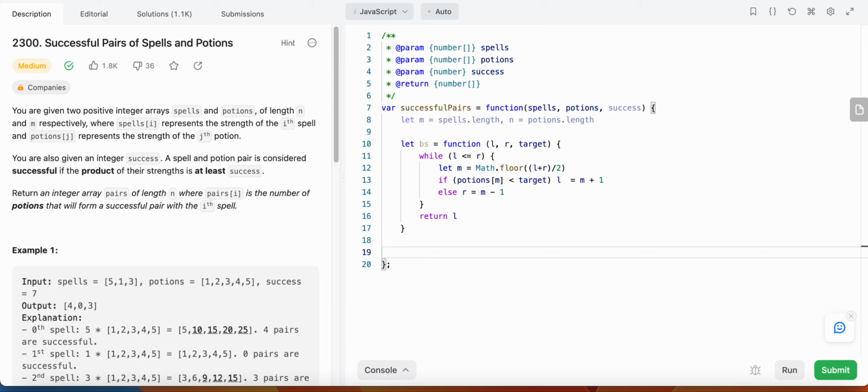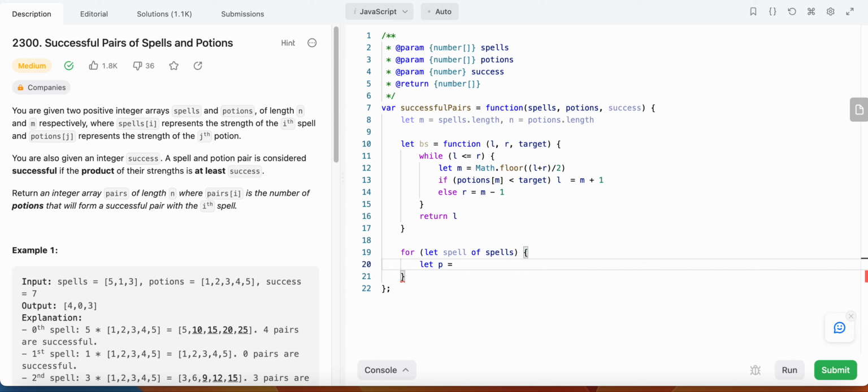Now that we have performed our binary search, let's iterate over each element in our spells array. So for each spell of spells, we need to find the portion.